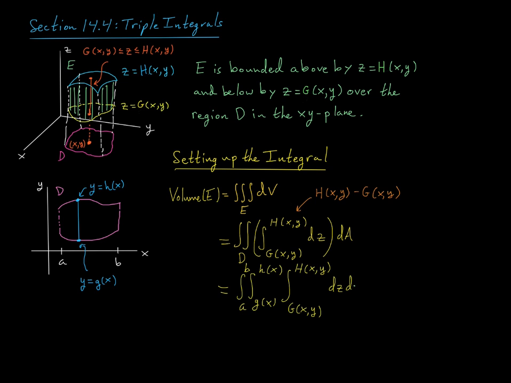Then we would have dy, that's going to be really the height of this vertical strip, just the difference in those two curves. And then dx, that's going to be stacking these vertical strips from a to b to fill out the region D.